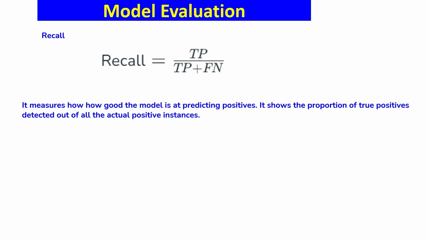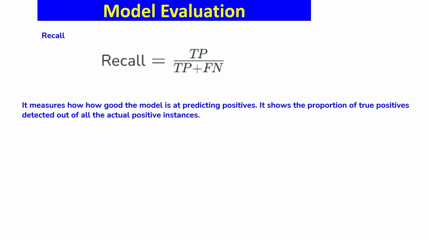So, recall is something very simple. Recall measures how good a model is at predicting the positive values, right, how good it is. That is the aspect about your recall. It shows the proportion of the true positives detected out of all actual positive outcomes, right.